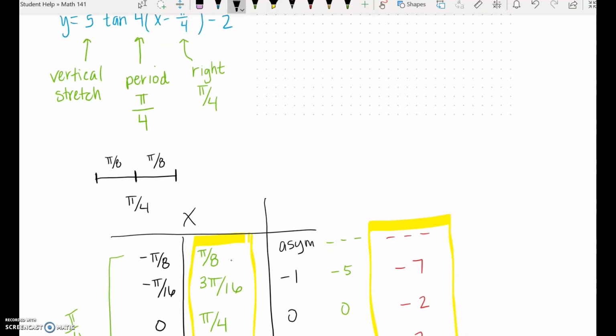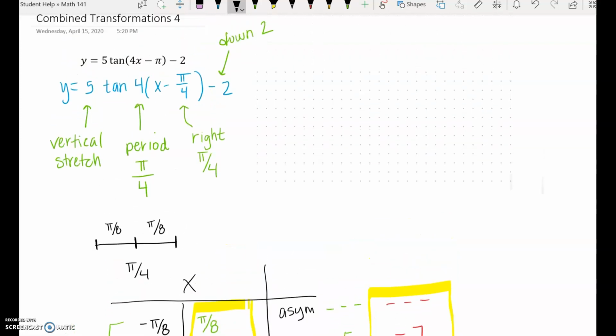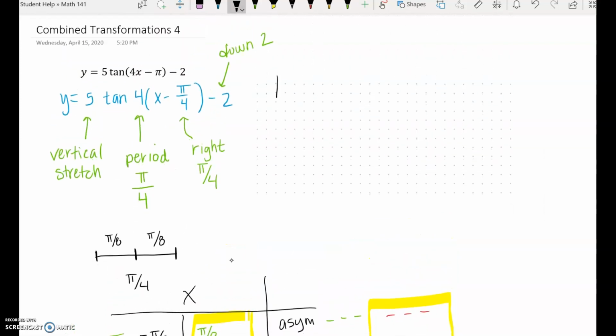Okay. So I'm going to start at pi over 8. Let's draw my y-axis here. Let's start at pi over 8. And this will be an asymptote to start.